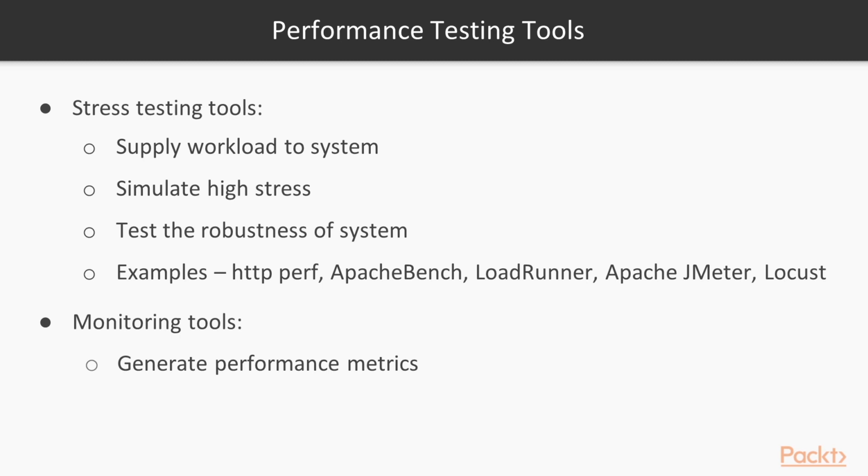Performance testing and diagnostic tools can be classified further as stress testing tools. These tools are used to supply workload to the system under test, simulating peak workloads in production. These tools can be configured to send a continuous stream of input to the application to simulate high stress or to periodically send a burst of very high traffic, much exceeding even peak stress, to test the robustness of the system.